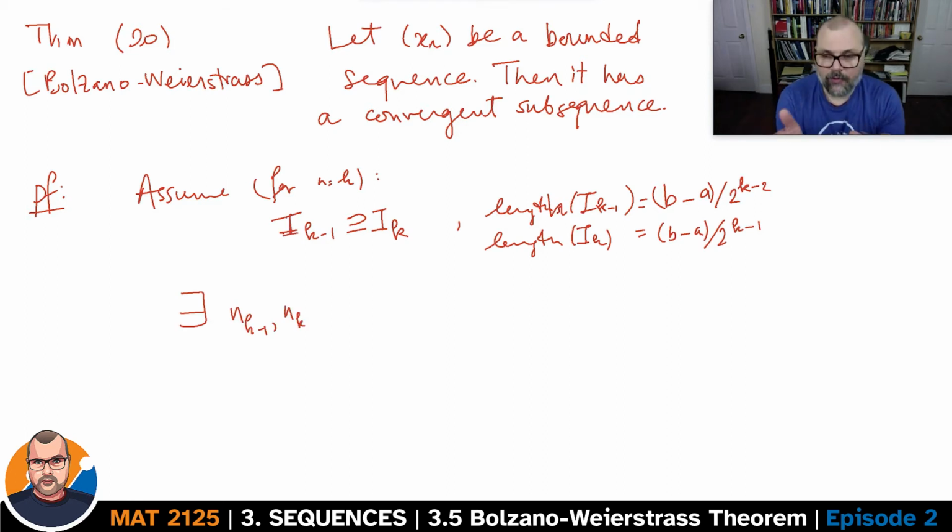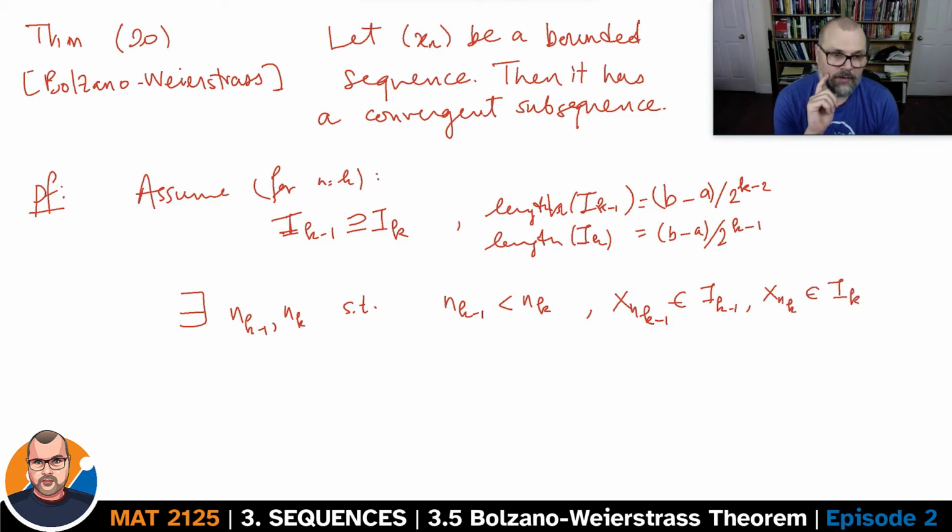We'll suppose further that there exist indices n(k-1) and nk such that n(k-1) is smaller than nk, and finally that x(n(k-1)) belongs to the interval I(k-1), and that x(nk) belongs to the interval Ik. So that's the assumption for the induction step in mathematical induction.